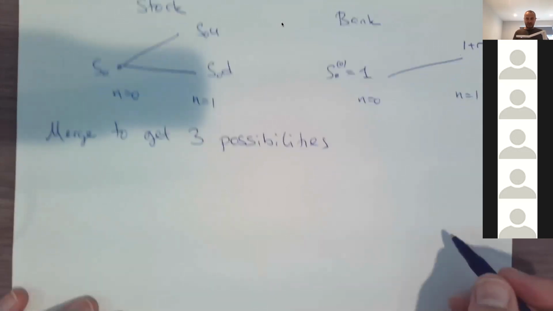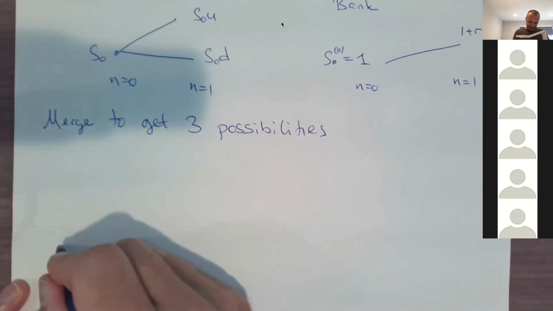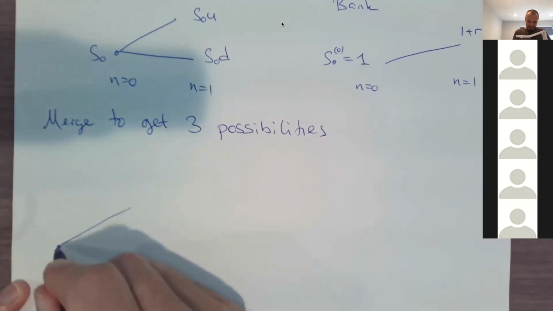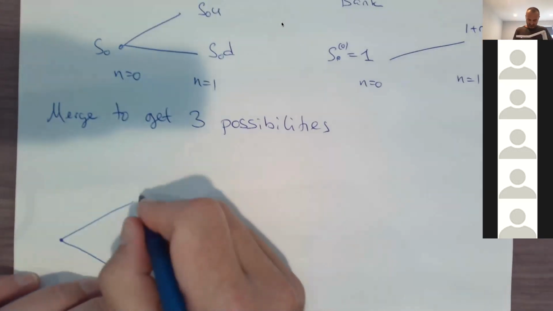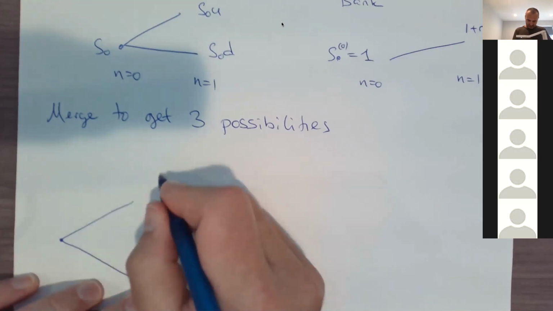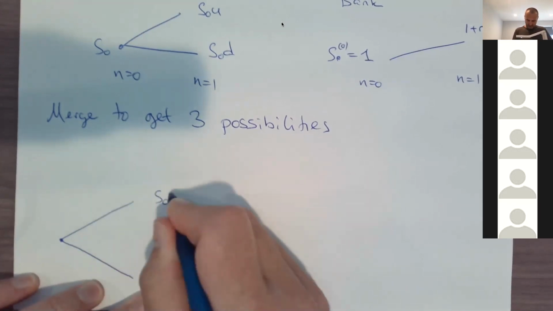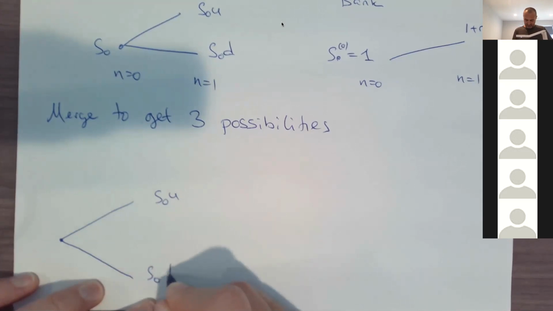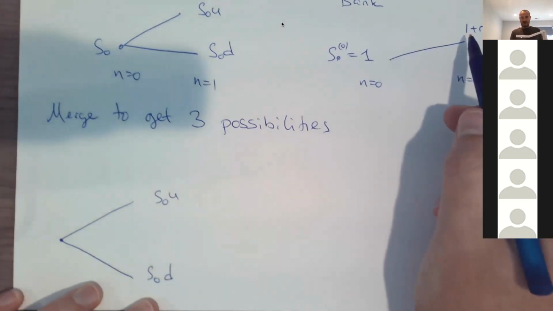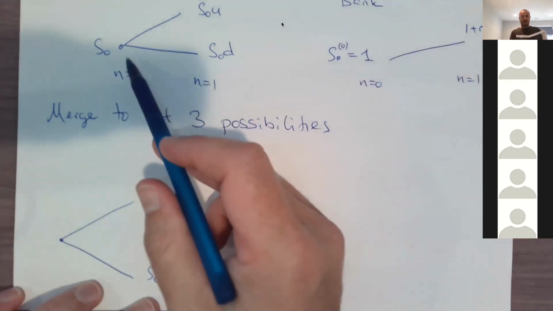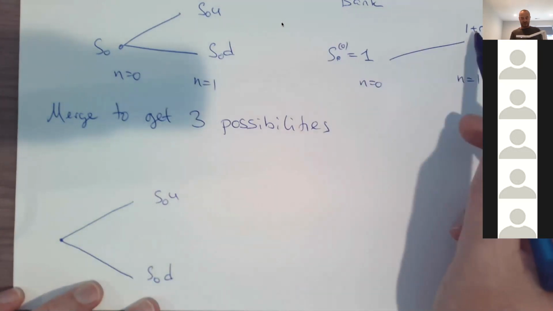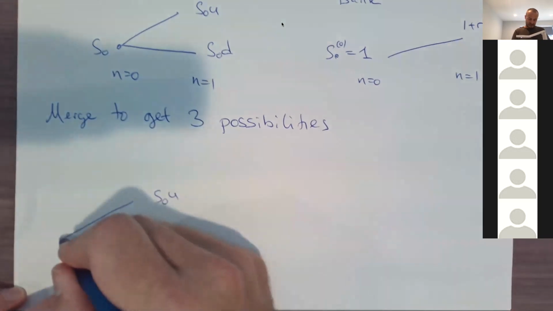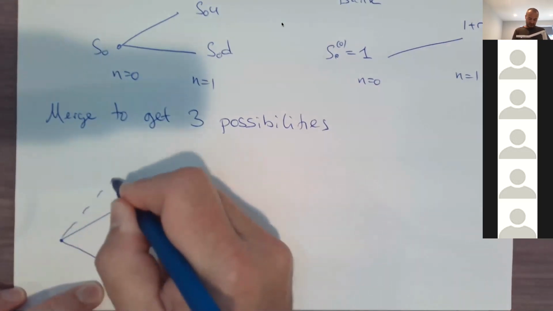So I'm going to make the 3 possibilities here. The first possibility is, I will have S0 times U, I'll have S0 times D, and then I'll have this guy over here. If I take S0, then S0 will go from S0 to S0 times 1 plus R. So the first possibility is that this sits up here.